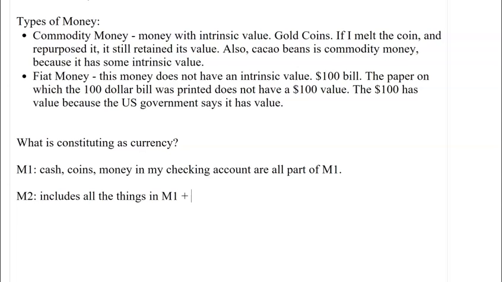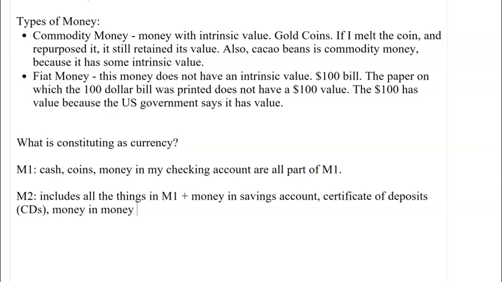For those, it would be something like money in savings accounts, like certificates of deposit or CDs. These are savings that we cannot access directly. If I promise a bank that I won't withdraw my money for 2 years or 5 years, they may give me a higher return or interest rate on that money. So that money is a little difficult to convert to cash.